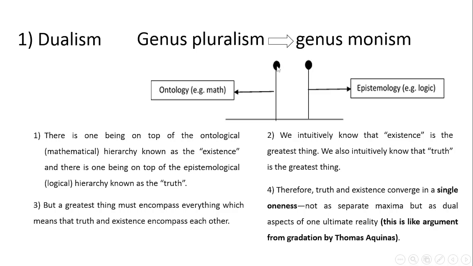Therefore, truth and existence converge in a single oneness, not as separate maxima, but as dual aspects of one ultimate reality. This argument shows that if truth is the greatest thing and existence is the greatest thing, they are actually the same, because the greatest thing occupies everything and does not let anything beside it.